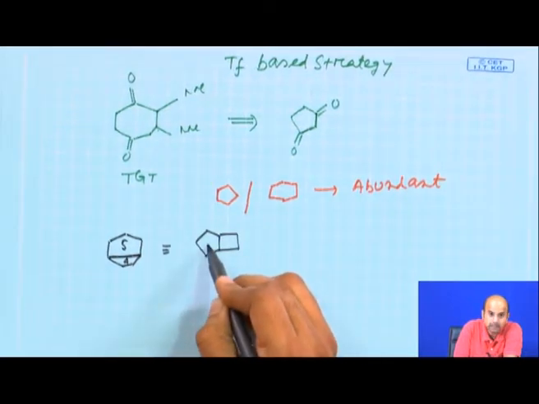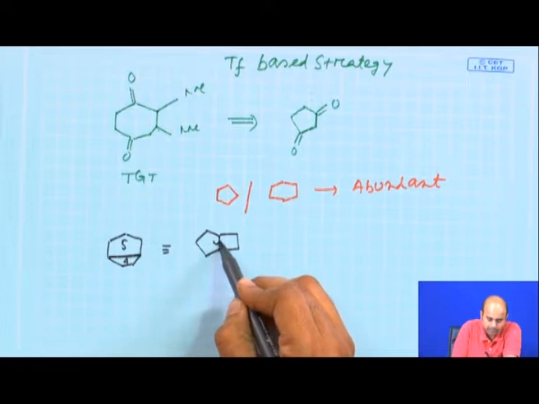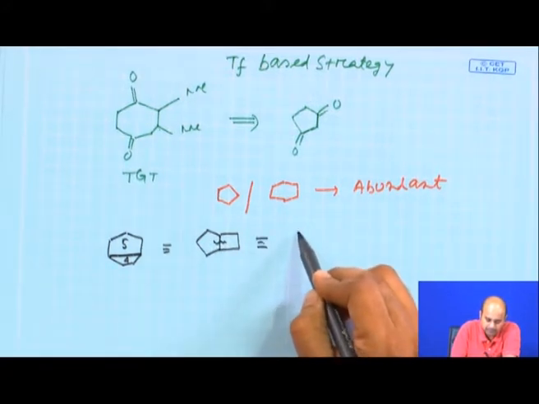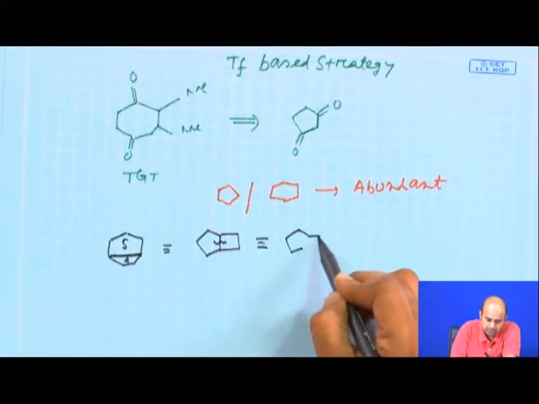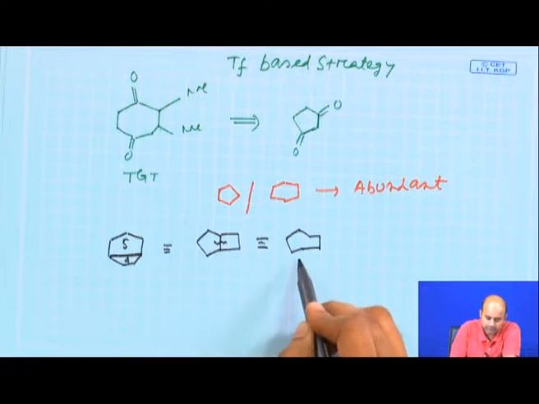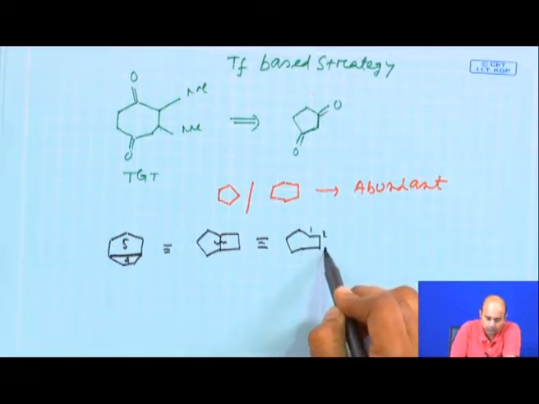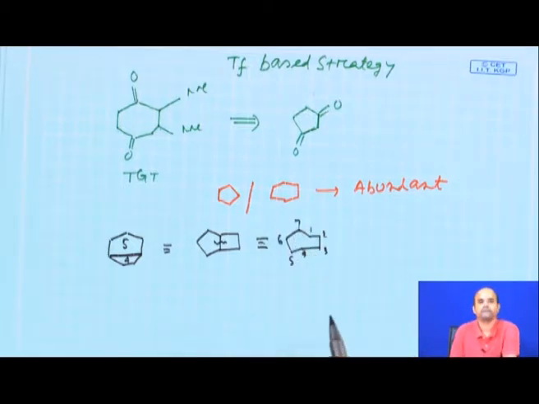There is a 5 member ring, there is a 4 member ring. Now, somehow if you can access this kind of ring and you break the middle bond, what will you get? You will basically get a 7 member ring: 1, 2, 3, 4, 5, 6, 7.